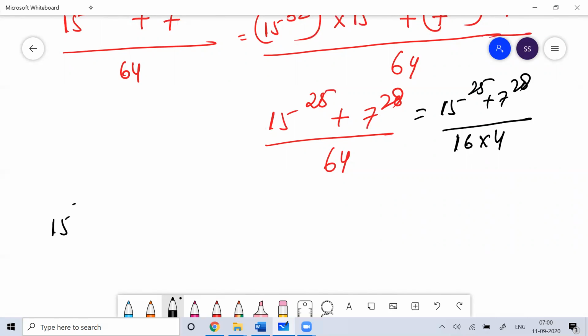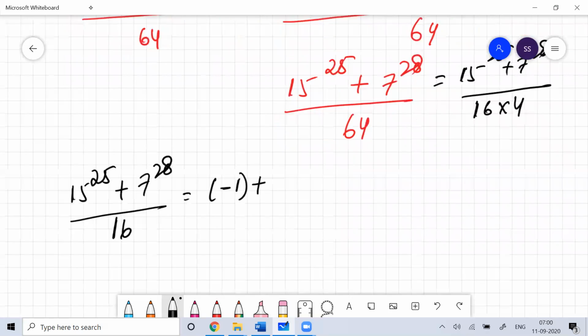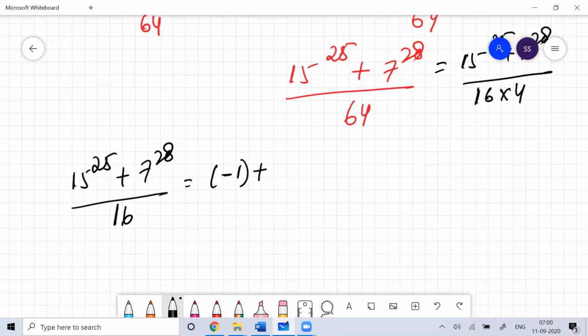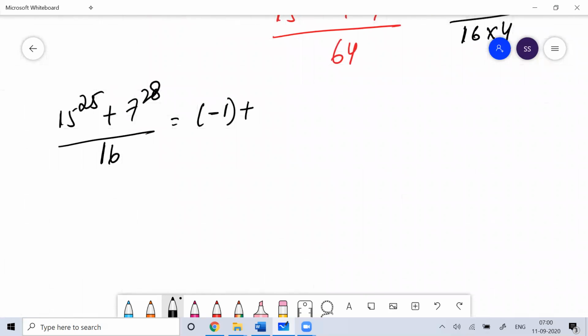When 15 to the power 25 plus 7 to the power 28 is divided by 16, what is the remainder? Here the remainder is minus 1, plus 7 to the power 28 divided by 16. 7 square is 49, and if you divide by 16, the remainder is 1, since 16 threes are 48.